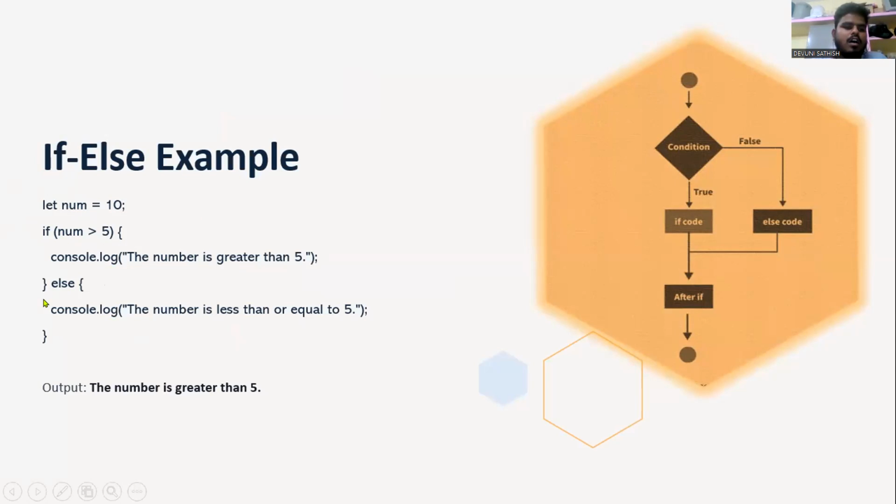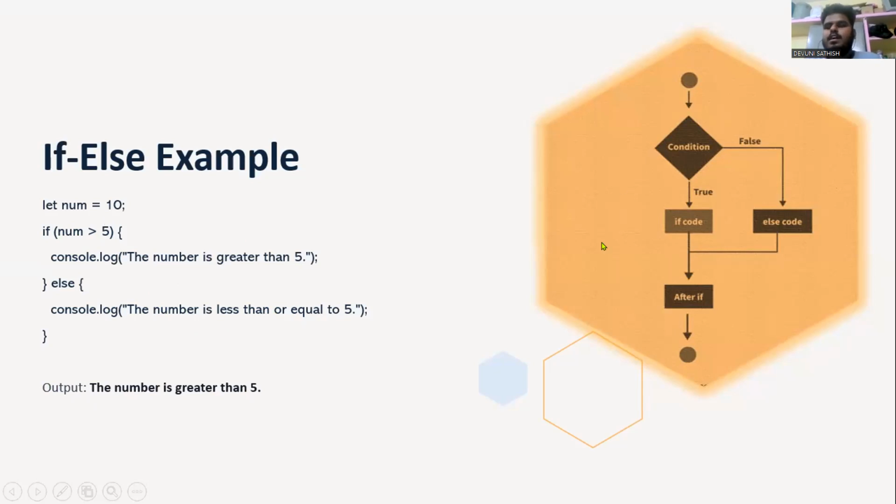If it can't satisfy the condition, it executes the else statement, the number is less than or equal to 5. But I have given 10 here, and 10 is greater than 5, so it executes the first block of code. Here is the output: the number is greater than 5. If I give number equals 2, it is less than 5, then it executes the else part, the number is less than or equal to 5.